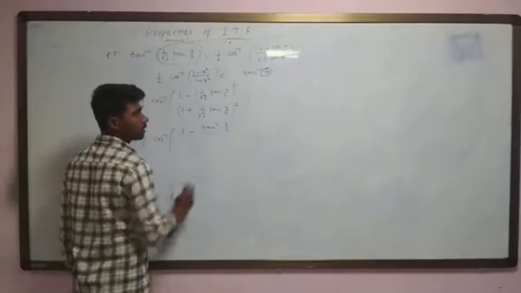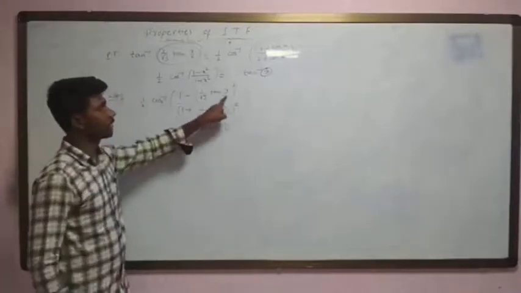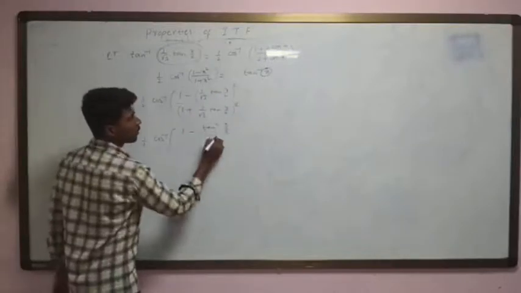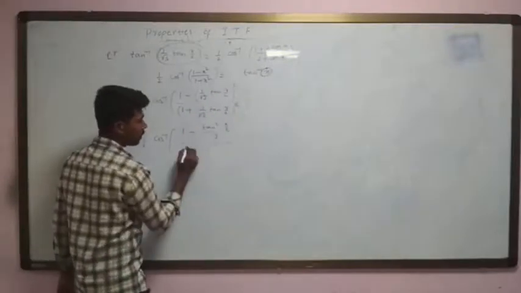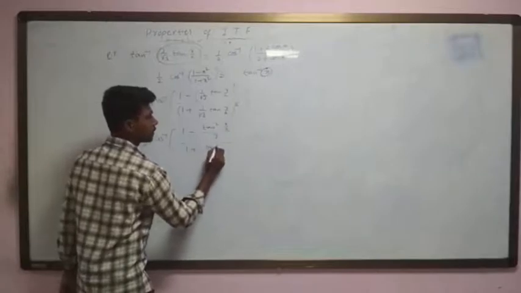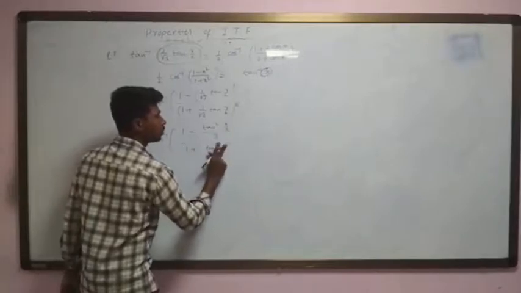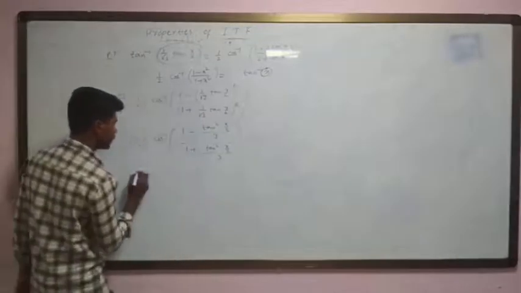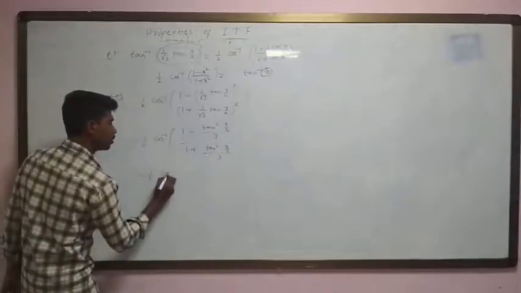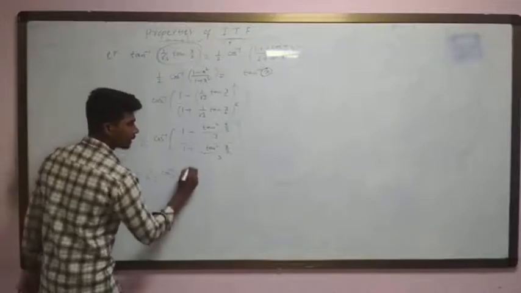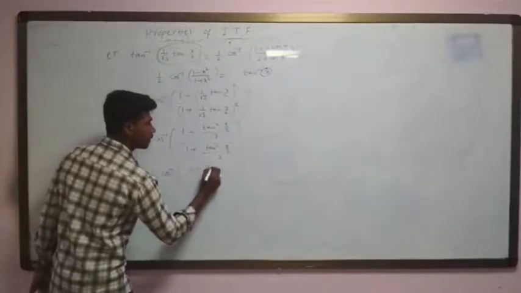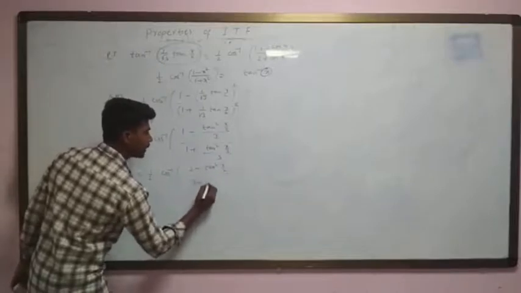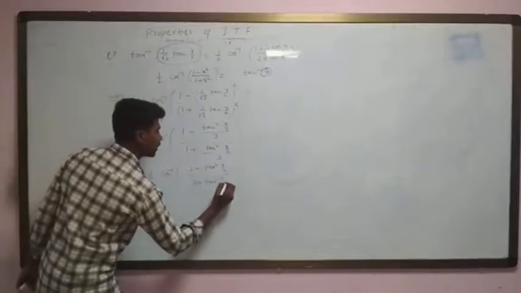Don't take square of this; tan theta whole square is tan square theta, and root 3 whole square is 3. If I simplify this, 1 by 2 cos inverse of 3 minus tan square x by 2 by 3 plus tan square x by 2.